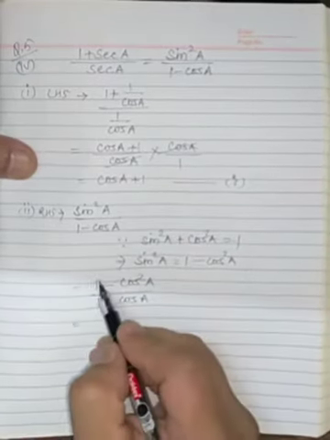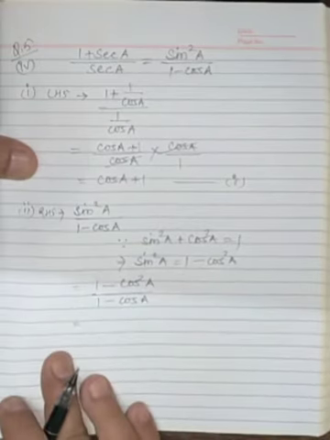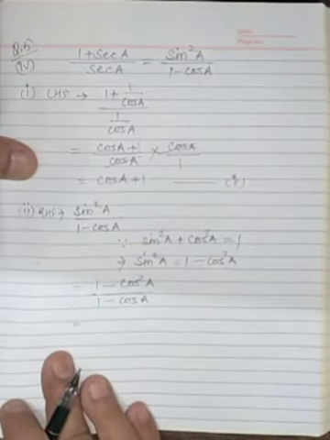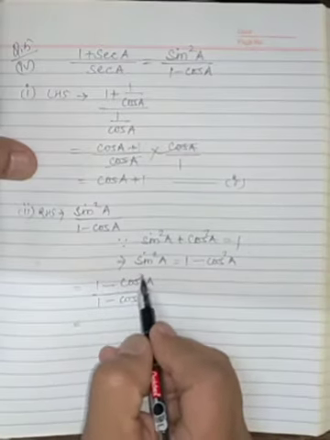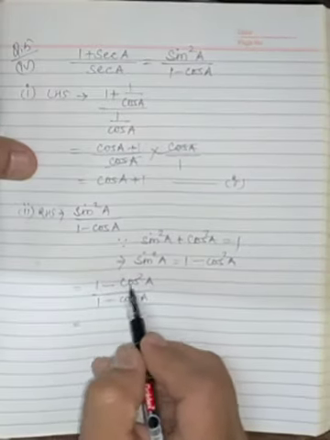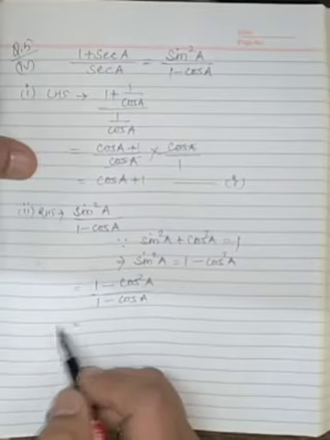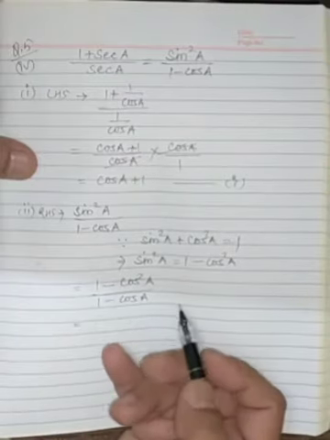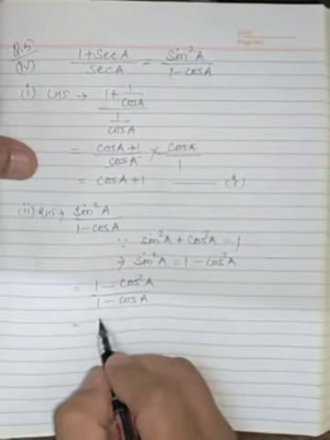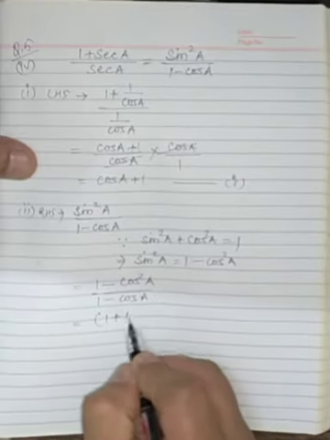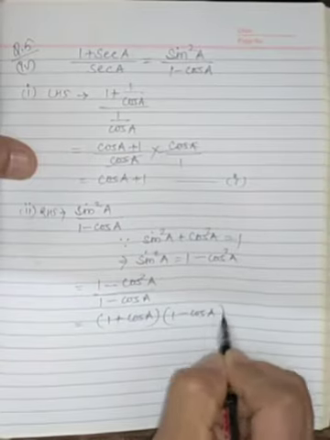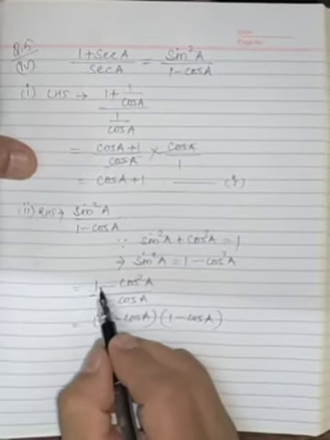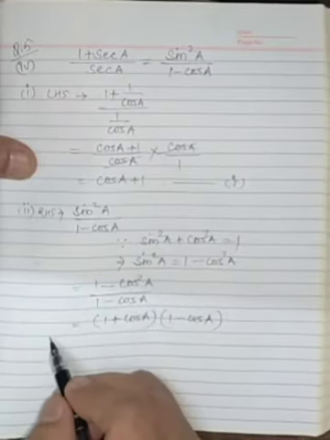Now if we consider 1 as 1 square, because 1 square is 1 only, so 1 square minus cos square a resembles with a square minus b square. So we can use it as a plus b, a minus b. So we will be using it as (1 plus cos a)(1 minus cos a). I repeat, we have considered 1 as 1 square.